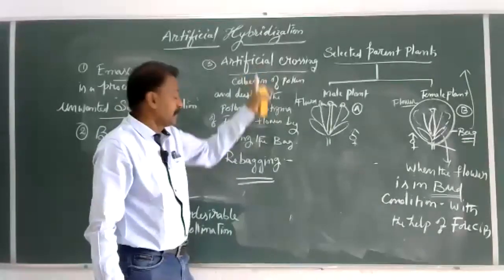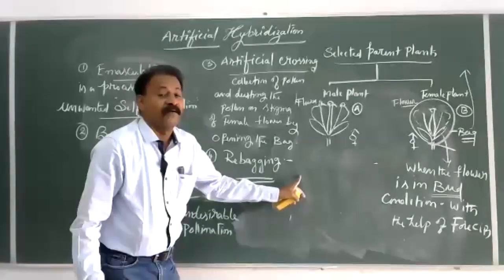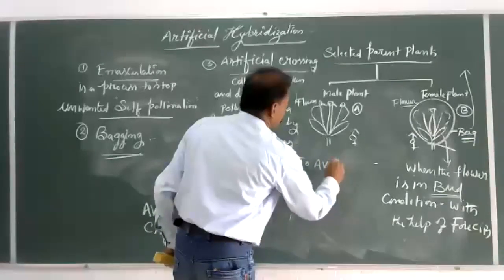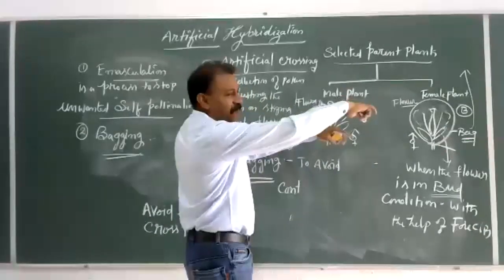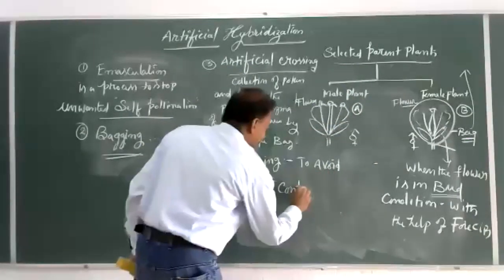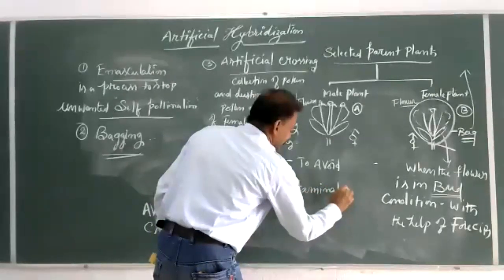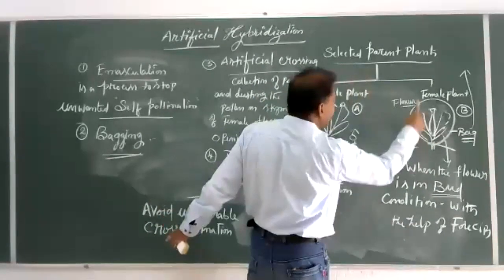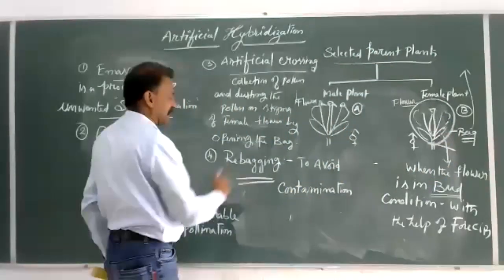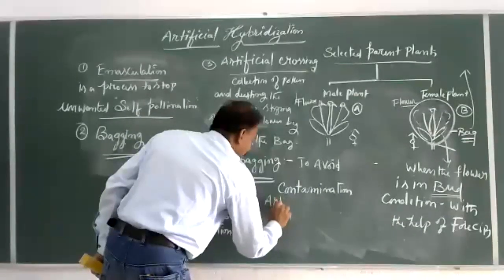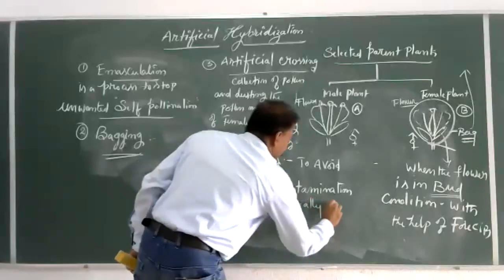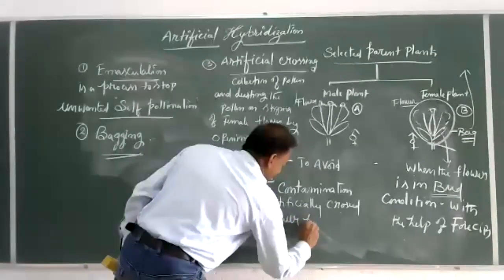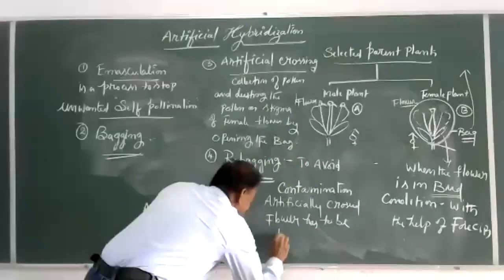After artificial crossing, to stop contamination by cross-pollination, when unwanted pollen is dropped, contaminated, polluted, to avoid contamination, the artificially crossed flower has to be rebagged.